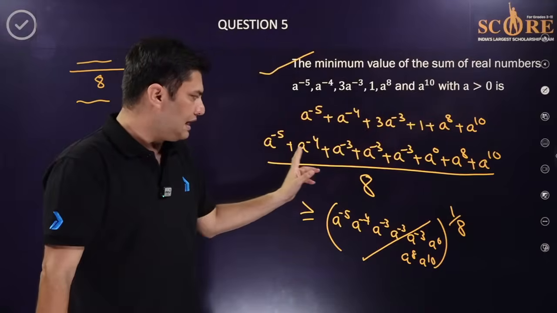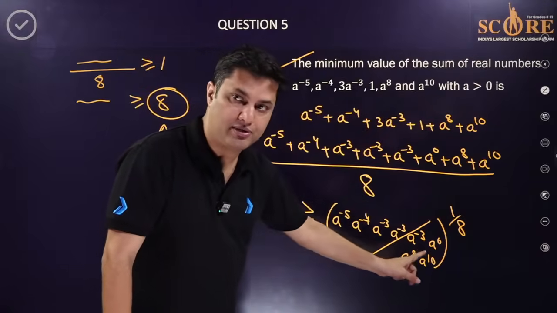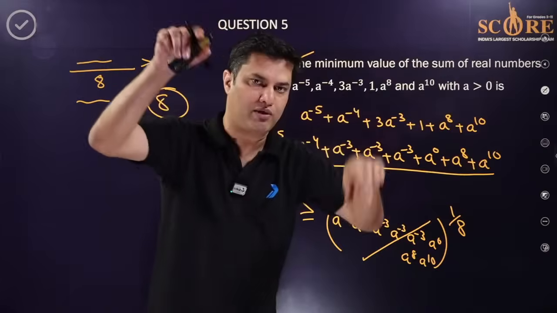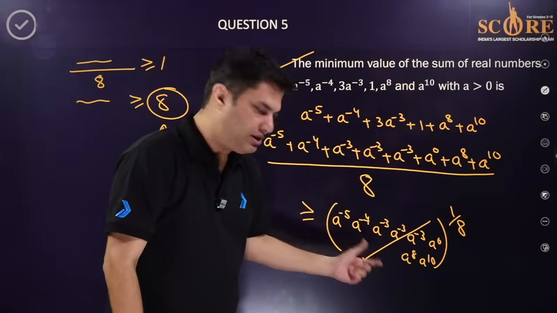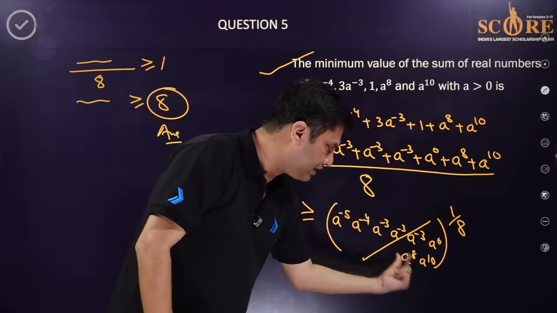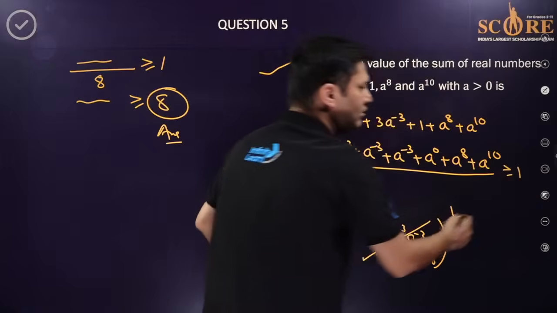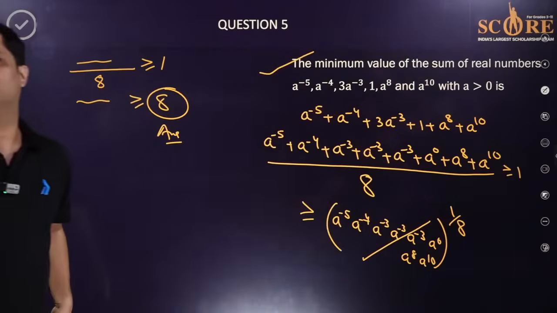Then the arithmetic mean of these 8 numbers is greater than or equal to their geometric mean. The geometric mean is the multiplication of all these numbers to the power 1 upon 8. The multiplication is coming out to be 1, since a to the power minus 18 times a to the power 18 becomes 1. So the minimum value is coming out to be 8. So 8 is absolutely the right answer.